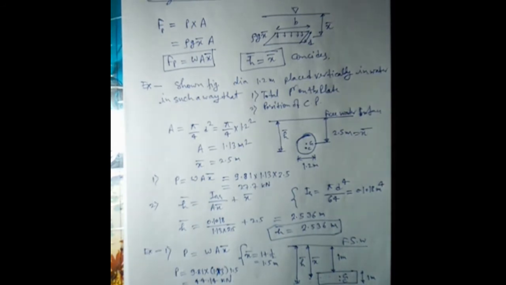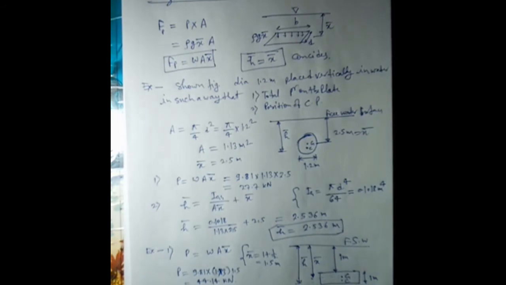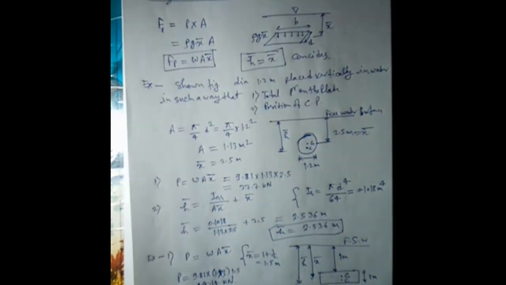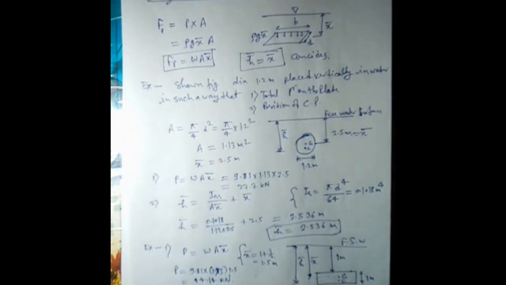Now position of the center of pressure, we apply the relation h bar is equal to IG upon A x bar plus x bar. Since IG equal to bd cube by 12, which is 0.25 meter to the power 4.